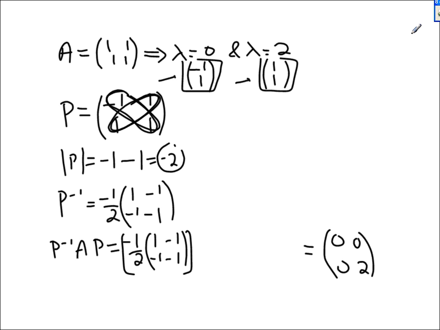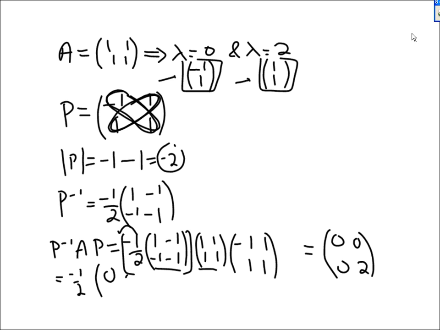I multiply this by A, 1, 1, 1, 1, and I multiply this by P, which is negative 1, 1, 1, 1. I can bring the negative a half in front of everything. When I multiply those two matrices, I get 0, 0, negative 2, negative 2, and then I multiply by negative 1, 1, 1, 1.